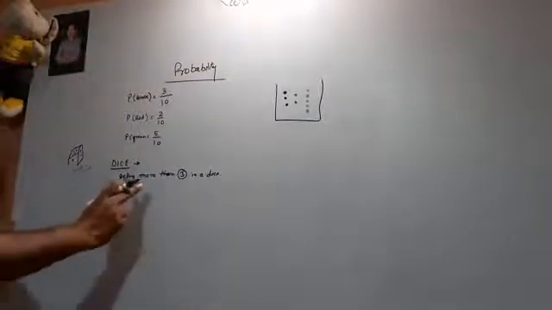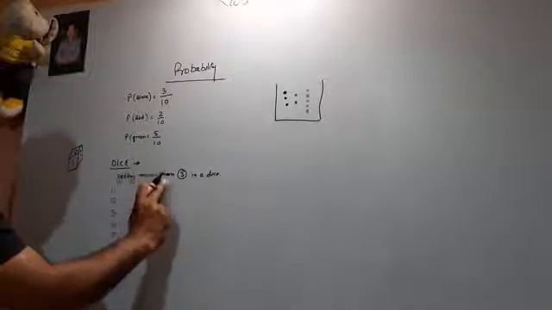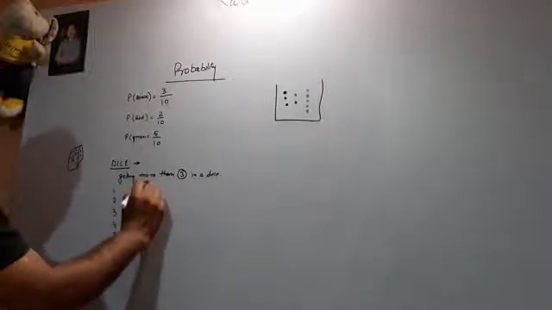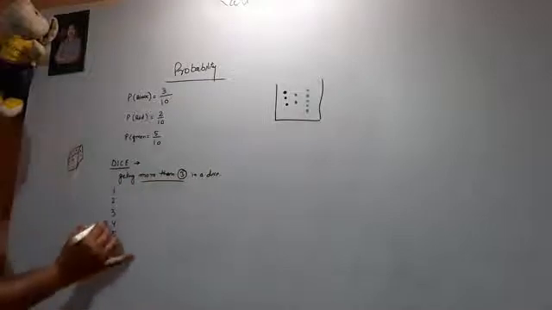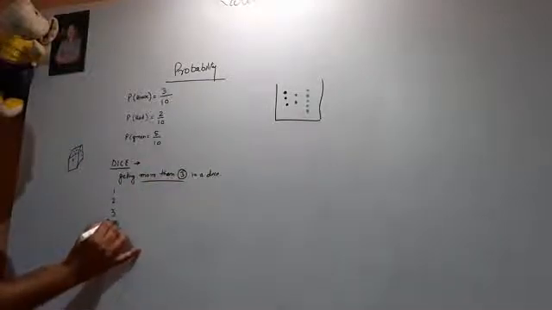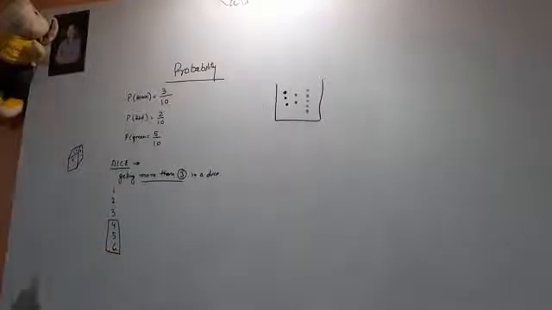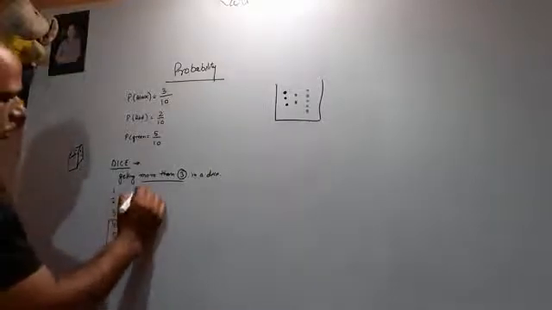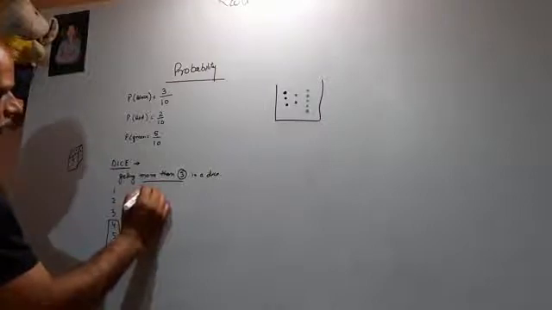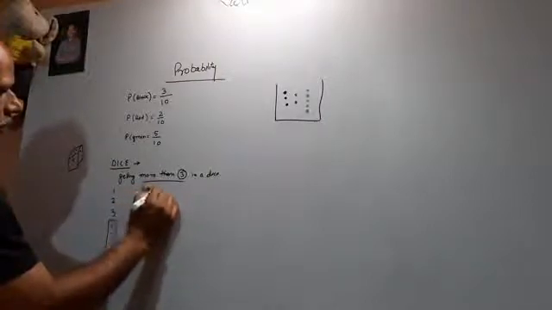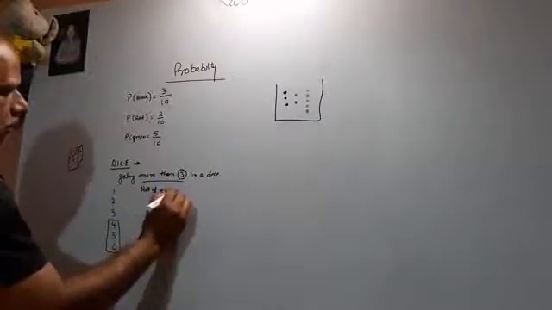Now you have to find out what is the probability of getting more than 3. More than 3, there are only 3 possibilities, 4, 5 and 6. Total number of events which can happen are 6.